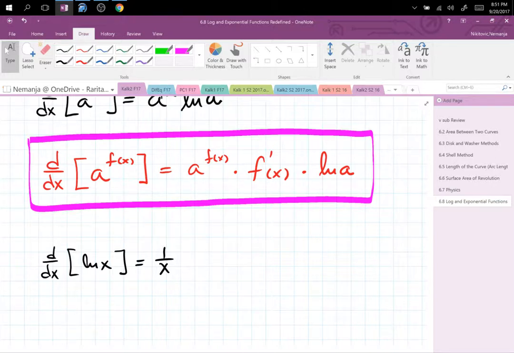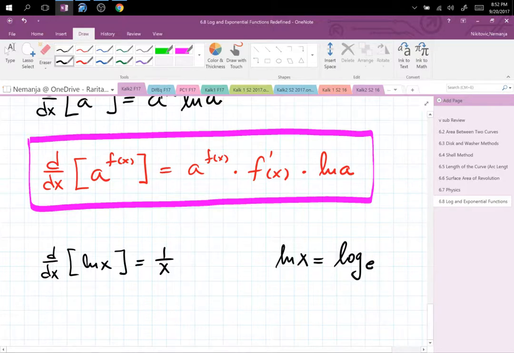So you have the derivative of this thing. Now again, ln x is actually log base e of x. That's the definition for ln x.